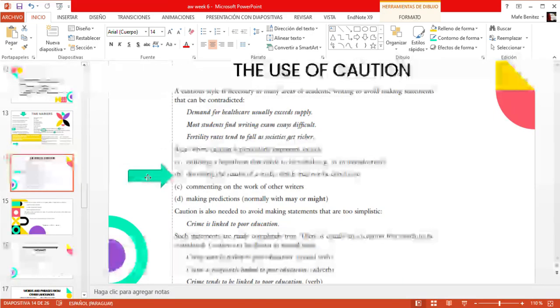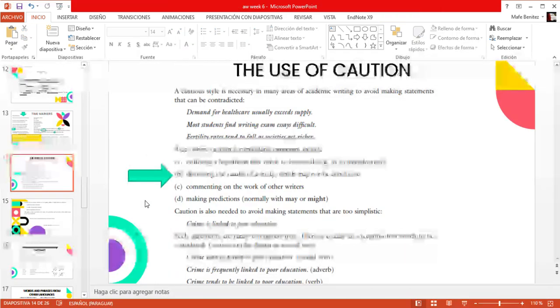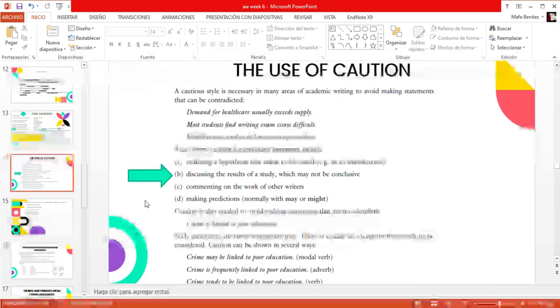Discussing the results of a study which might not be conclusive: if you did some research and you see, for example, that the opinions of authors are split, like 10 authors agree about something and 10 disagree, you might want to be careful about what you're saying, okay?